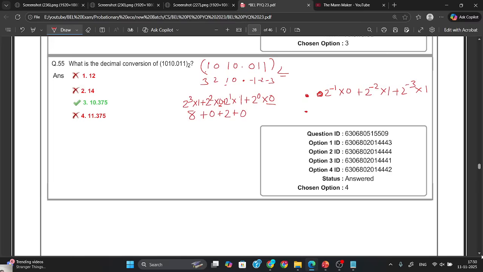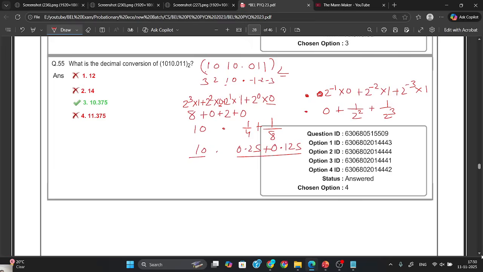And here if you calculate after the dot, it will be 0 plus 1 by 2 to the power 2 plus 1 by 2 to the power 3. Okay. Now here it will be 10 and here it will come 1 by 4 plus 1 by 8. Now this is 10 dot, 1 by 4 means 0.25 plus this one we have 0.125.